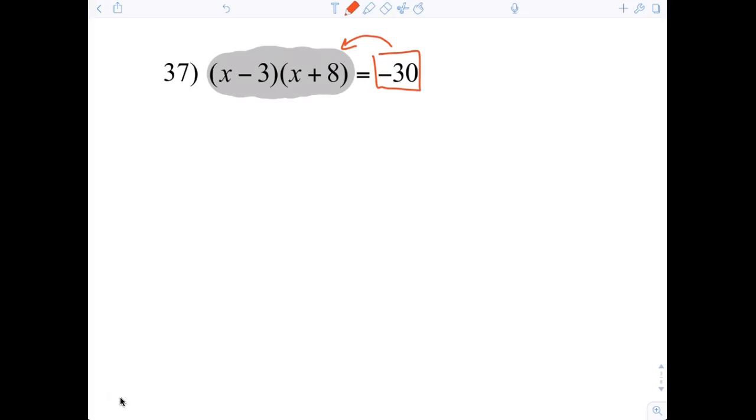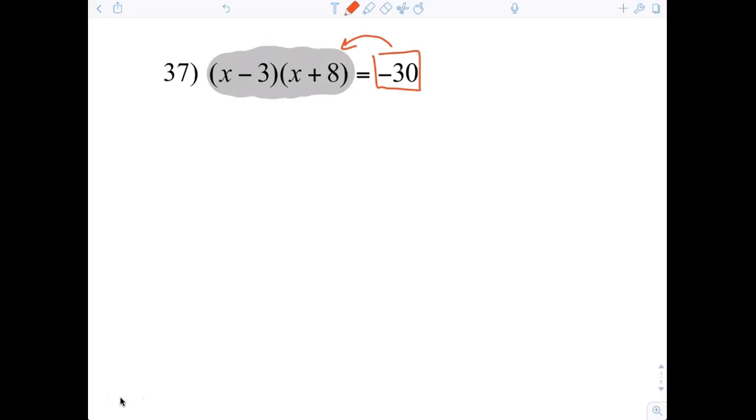Everybody should be able to look at that and say that's x squared plus 5x minus 24. Right? Because you're visualizing what? You're visualizing this multiplied together, and you're visualizing this multiplied together.